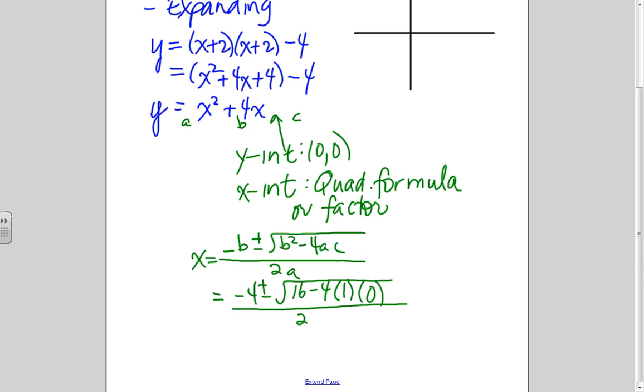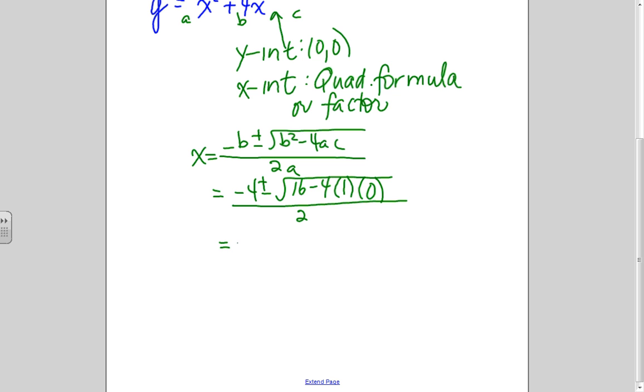Going to tidy up a little bit. This one will be nice because it's got a 0 in it. Plus or minus 16 take away 4 times 1 times 0. Anything times 0 is 0. So all we're left with is 16 in the root. Negative 4 plus or minus the square root of 16, which is 4, over 2.